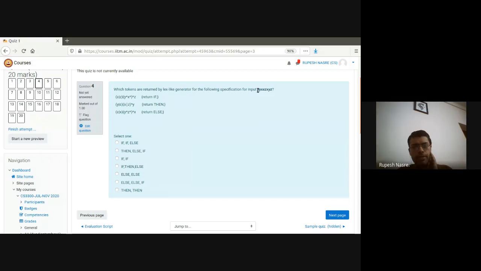So y star x star is covering this part, that followed by z is this part. Since we are talking about a Lex-like generator, the longest string gets matched, right? And then the other xyz gets matched by if once again, because of this y star x star followed by z. So if and if are the two tokens which are going to get returned if we follow this particular pattern.